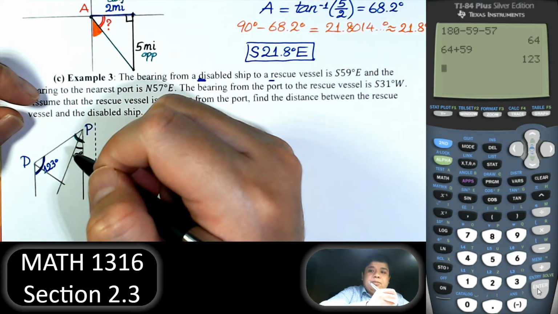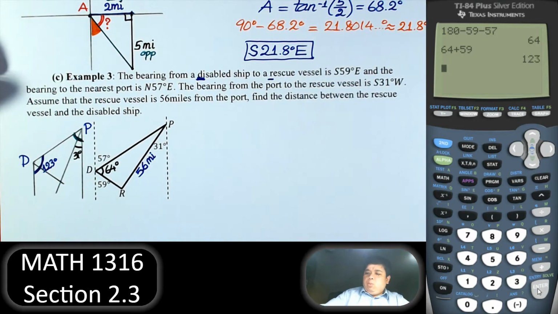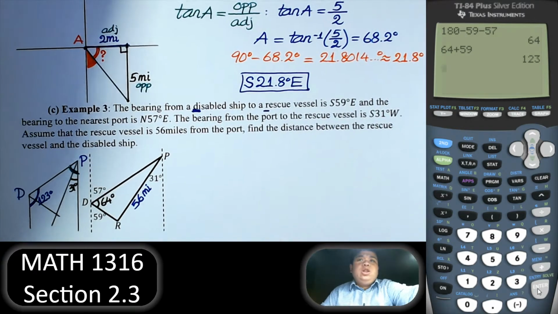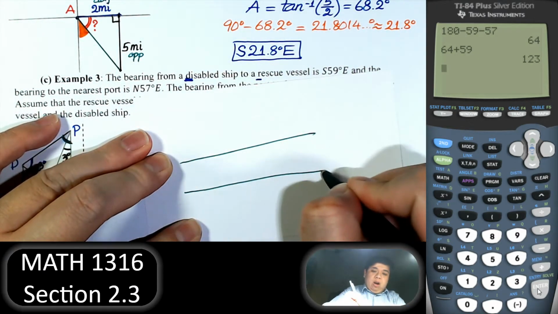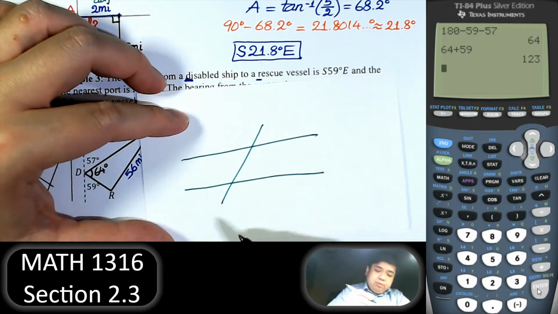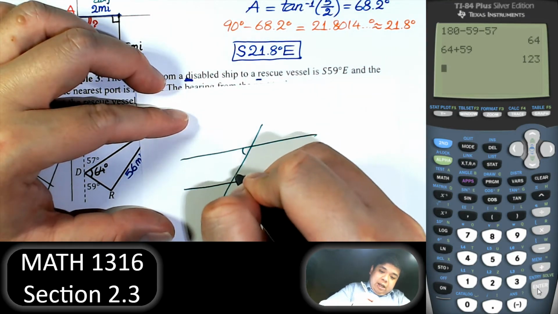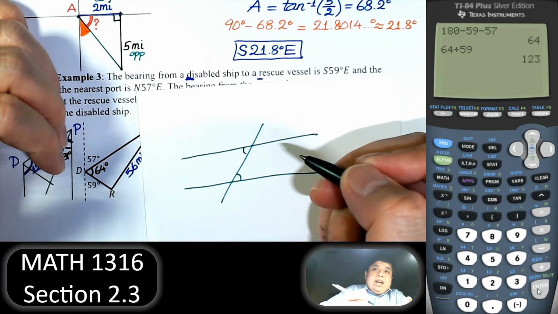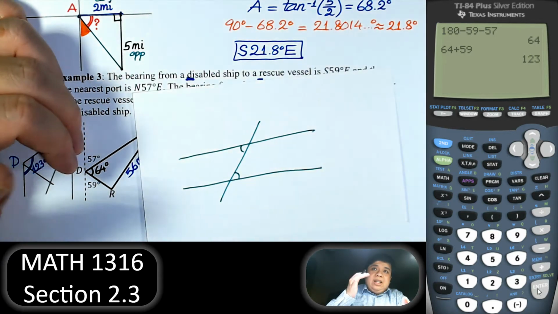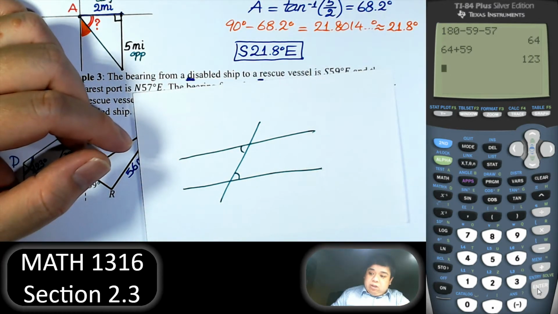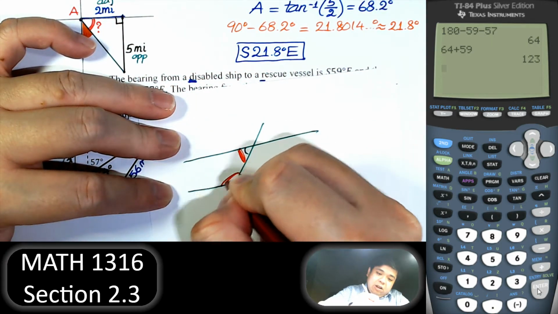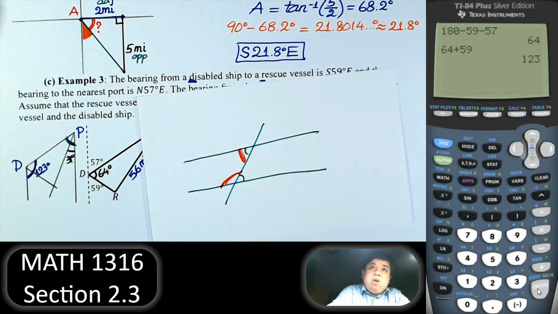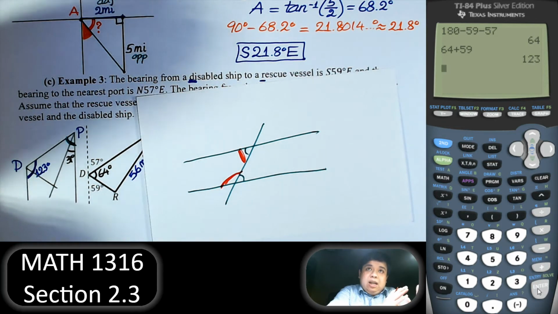Right? So back in section 2.1, if we have two parallel lines and a transversal, these two angles are equal because they are called alternate interior angles. These two angles are supplementary because they are called same side interior angles.